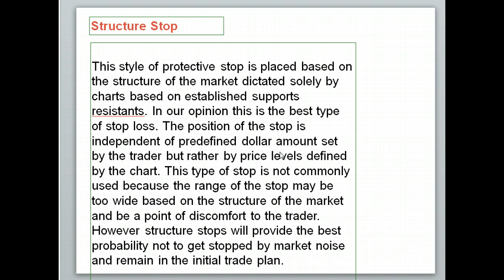The too wide shouldn't matter. What should matter are two things. Number one, that level was a structured pivot point set by the market, and for the market to come down and break that level again, if it's in an up move, they're not going to do it because they will have to spend a lot of unnecessary money to bring it down, break 15 and get the stops out.